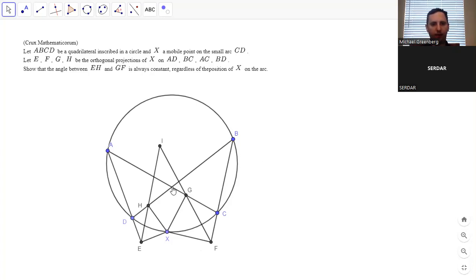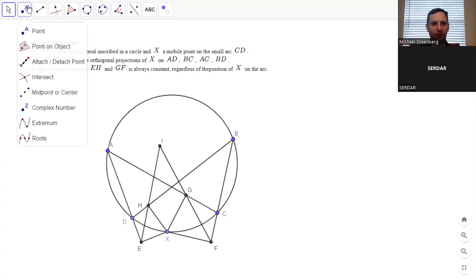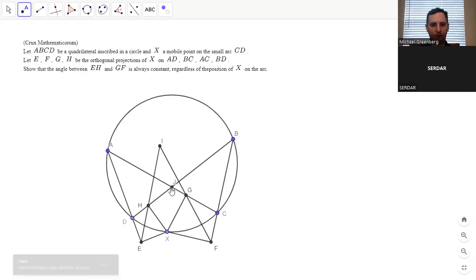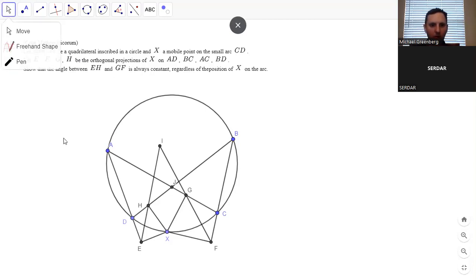And we could draw a point right here too, the intersection of the diagonals. So we have three cyclic quads here.